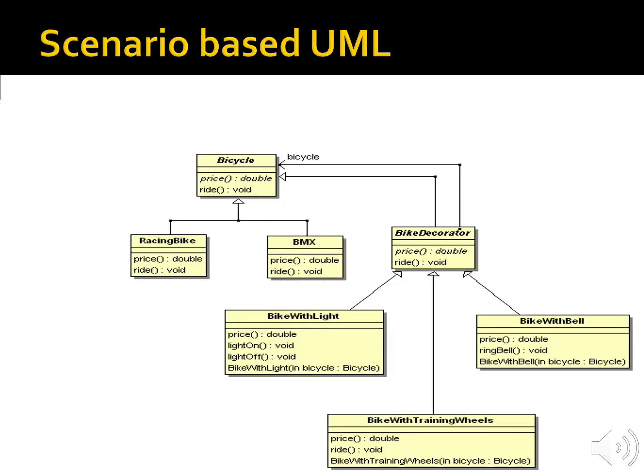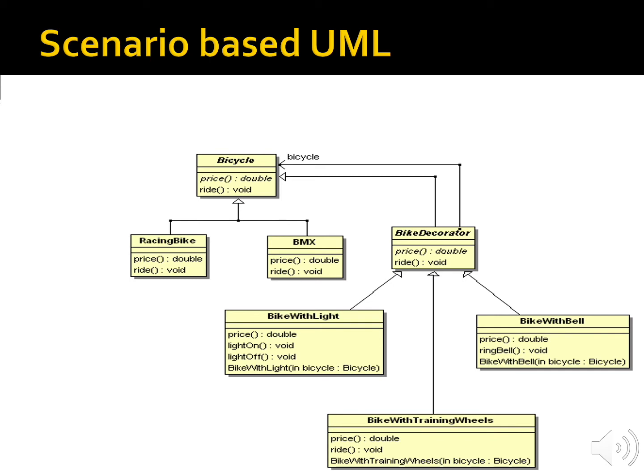Now to understand the decoration of any object or component with different features, we can start with a UML example. You can see that in this diagram, the component that needs to be decorated is basically a bicycle. The bicycle may have different types, but in this case there are two types of bikes.